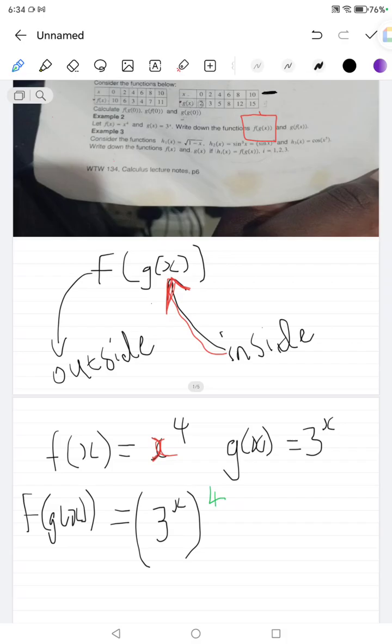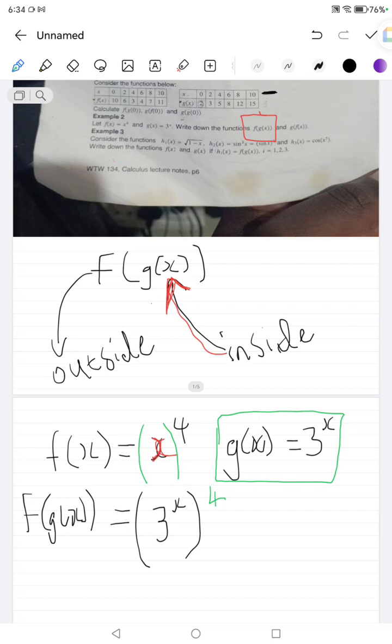So basically what I'm doing, I'm just separating this. Where I'm seeing my x, I go and put this one, you see. So basically I didn't change anything. If you look at this one and the one at the top, it's still the same thing.